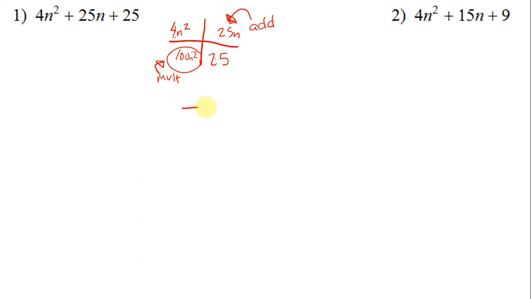So blank times blank equals 100n squared, if I want to be super accurate, and blank plus blank is equal to 25. The two numbers that do that for me are going to be 20 and 5. 20 times 5 equals 100. 20 plus 5 equals 25.